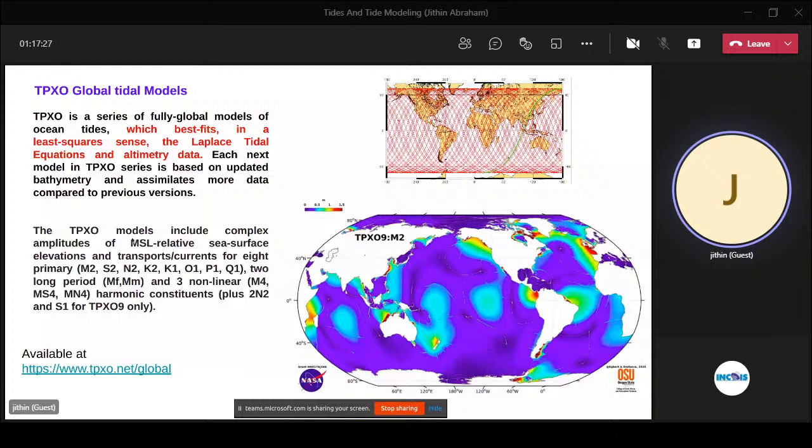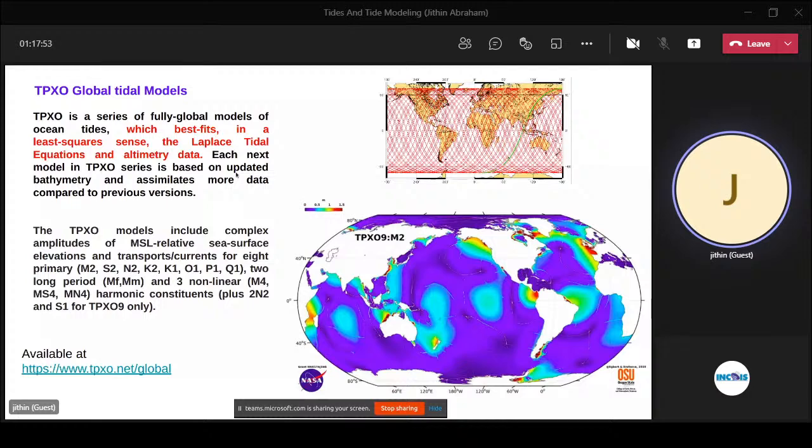The TPXO model gives the complex amplitude of mean sea level, tidal elevations and transports for currents, and elevation for the 8 primary constituents, 2 long period and 3 nonlinear harmonic constituents. This data is freely available from the TPXO website.